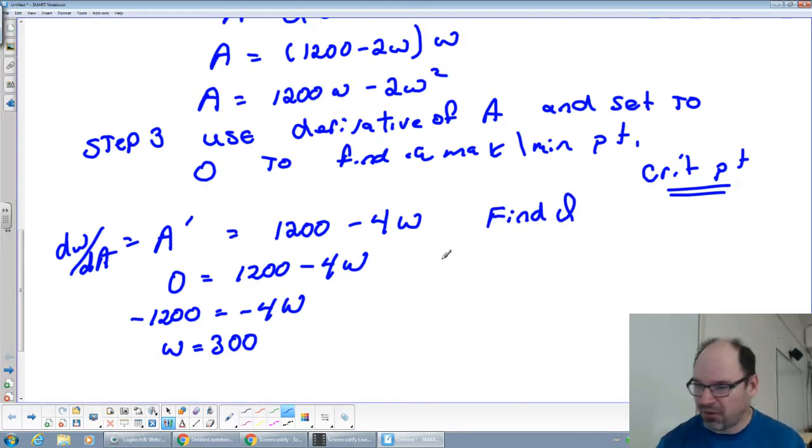We know that L is equal to 1200 minus 2W.